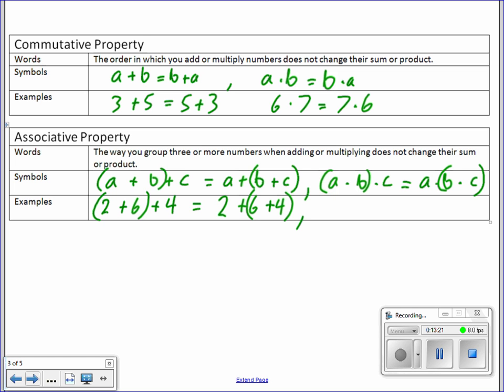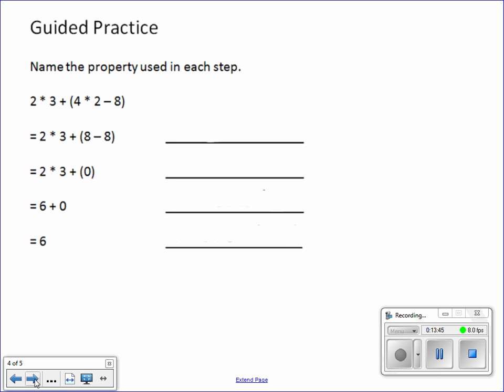Same thing can work for multiplication. 2 times 3 times 5. 2 times 3 is 6, times 5 is 30, or 3 times 5 is 15, times 2 is also 30. So those are our properties here we're going to look at.